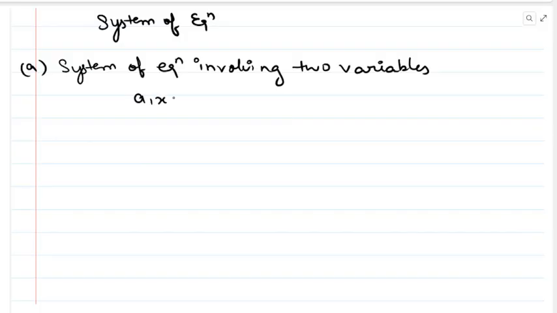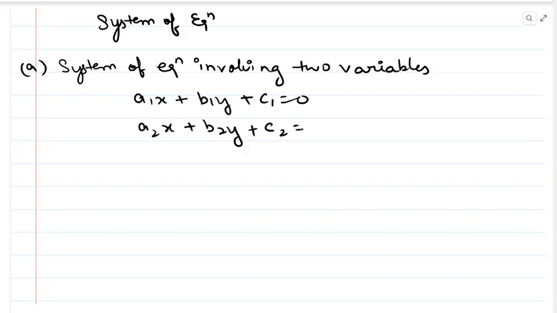So the equation is given as a1x plus b1y plus c1 equal to 0, a2x plus b2y plus c2 equal to 0. We will divide it into two parts.